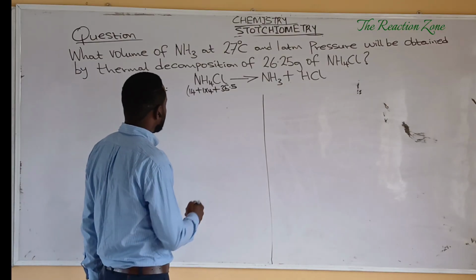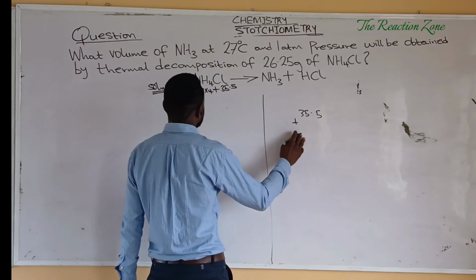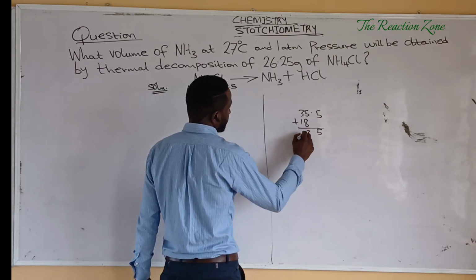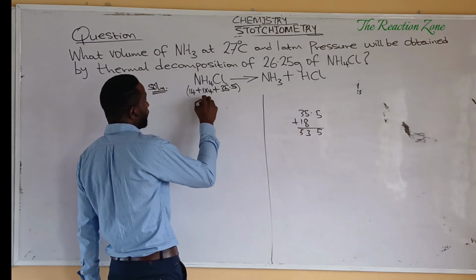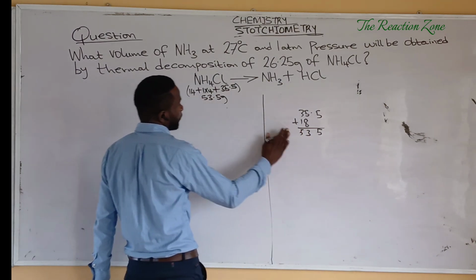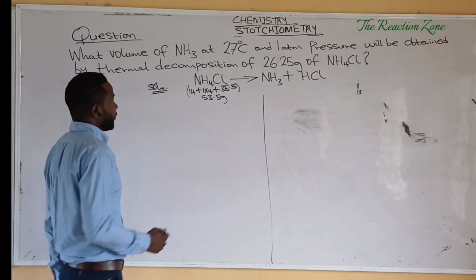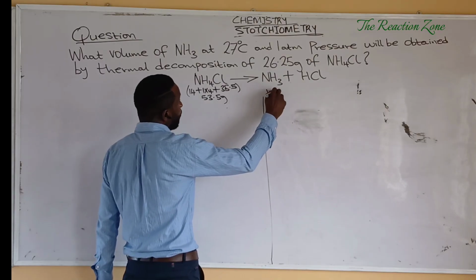So, this gives us 35.5 plus 18. So that is 53.5 grams. And then, the number of moles of ammonia that is here is 1 mole.